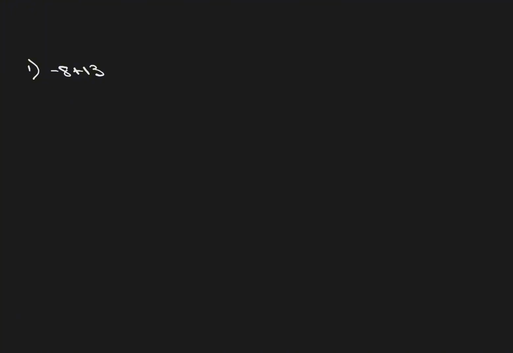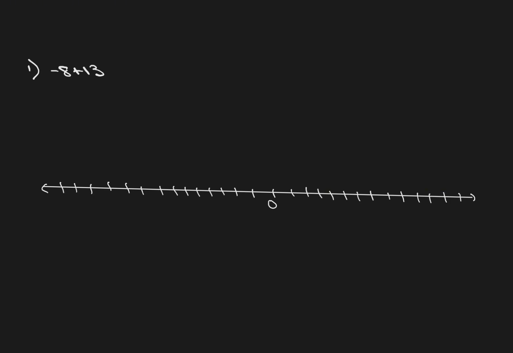This example is -8 plus 13. We can do this problem on a number line. To solve this problem, we need to start off by finding -8 on the number line.